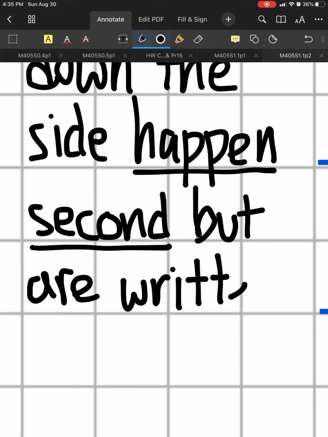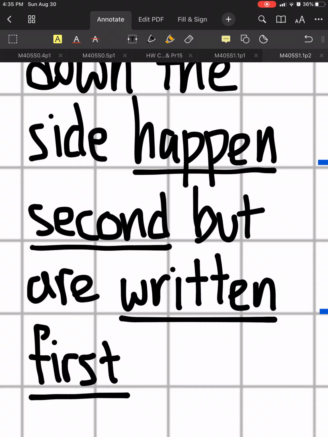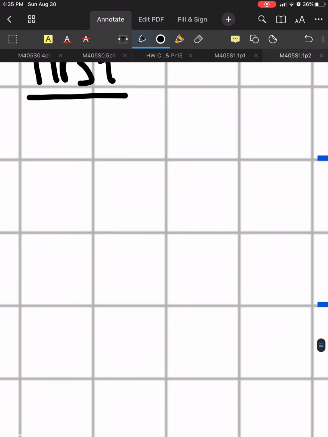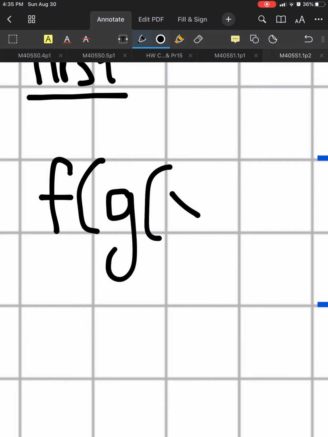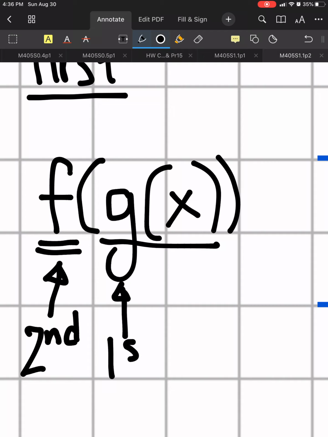And you might wonder why we would do something that crazy. Well, the reason is we write these the same way we would write in function notation. You remember, if we have a function and we plug it into another function, the thing that we do first is the inside part, and the thing that we do second is the outside part. Well, that means second is on the left, first is on the right.